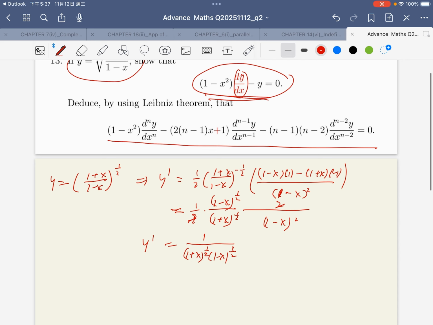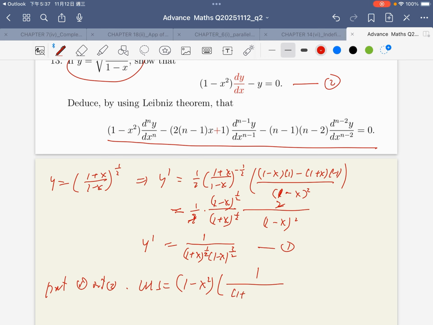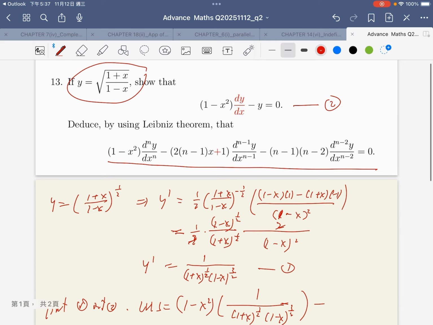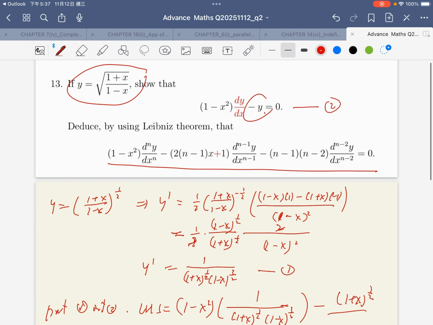And now put this one into, I call this equation 2. Put 1 into 2. The left hand side equals (1 minus x squared) times this one, and minus y times (1 plus x) to the power 1 over 2. That's because of minus 1.